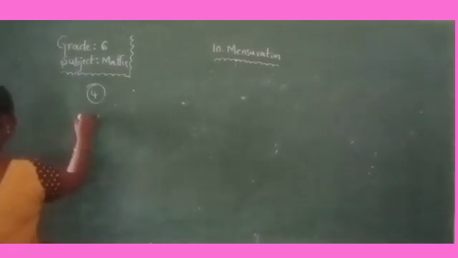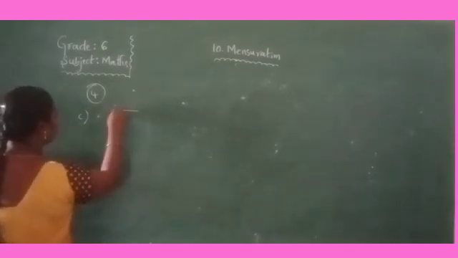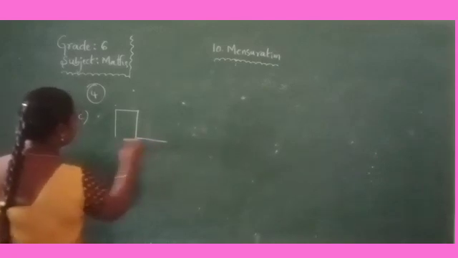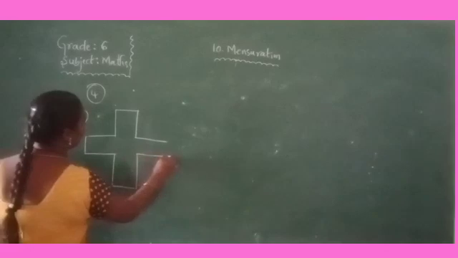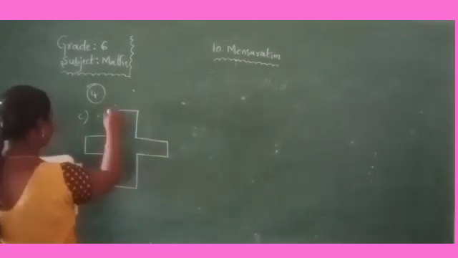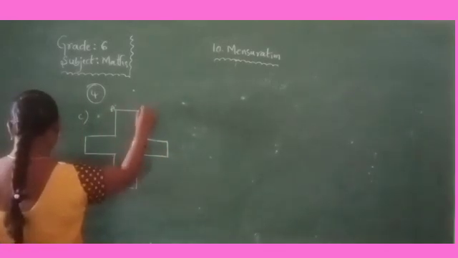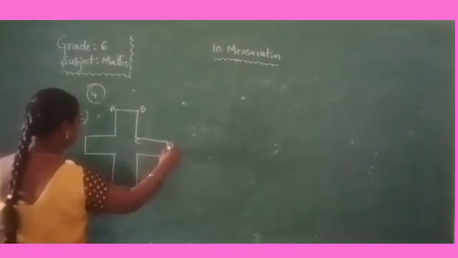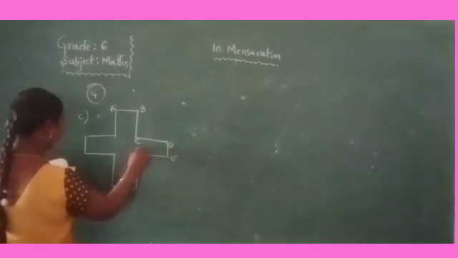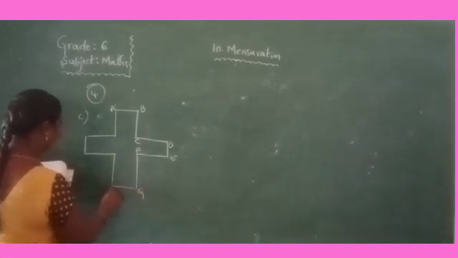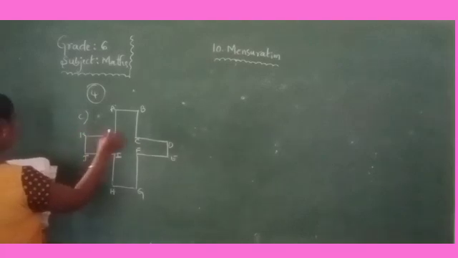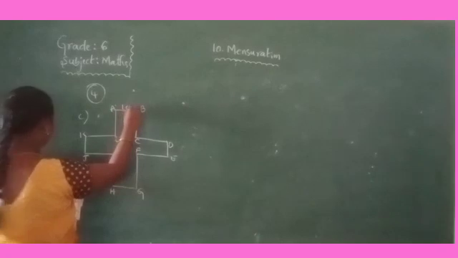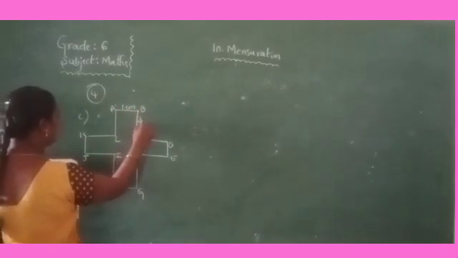See the third one, problem C. It is a plus shape, a red cross symbol. So draw this figure neatly and write the names A, B, C, D, E, F, G, H, I, J, K, L. The length of AB here is 1 centimeter, BC 3 centimeters.